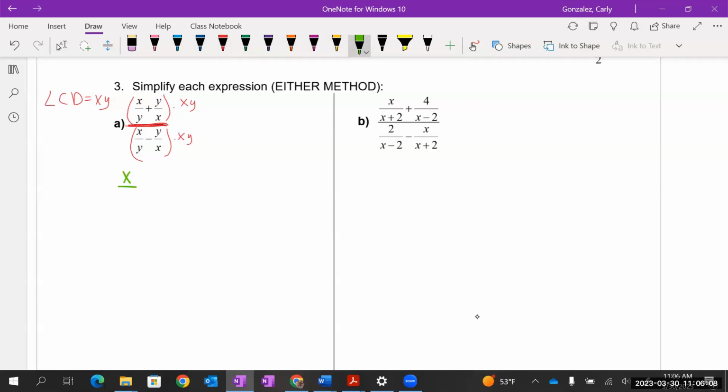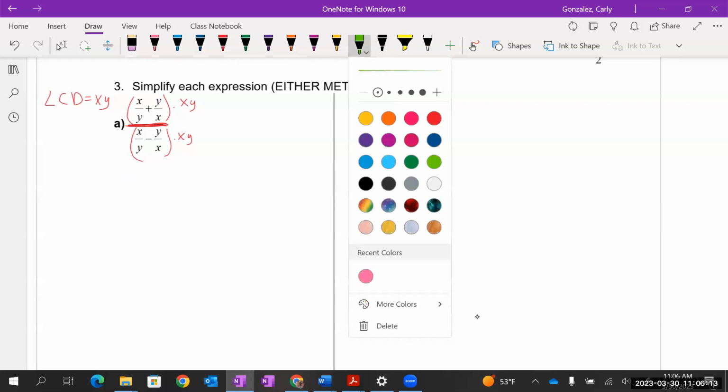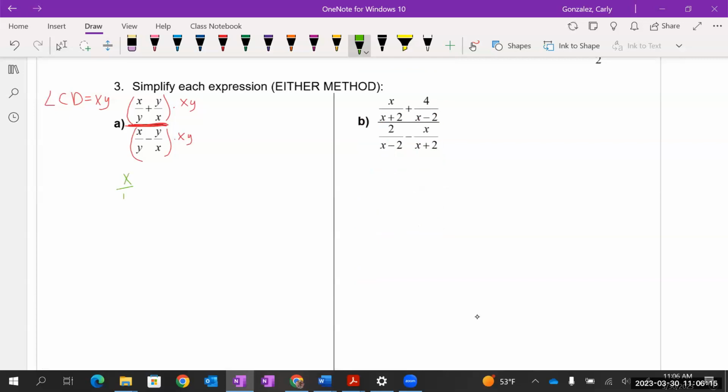First, I'll just copy down the expression. And then I'm going to multiply both terms by xy over 1 if you prefer. You can always do it over 1. And then I'll do the same on the denominator.